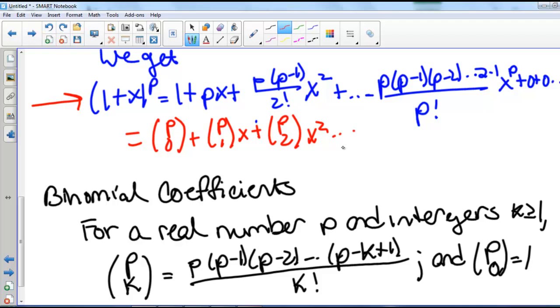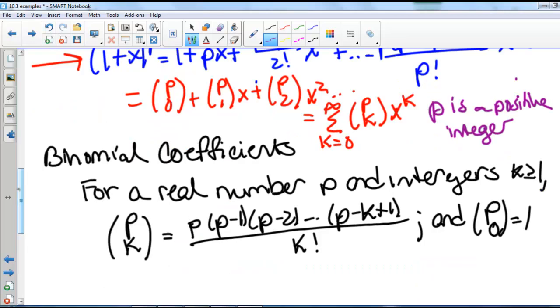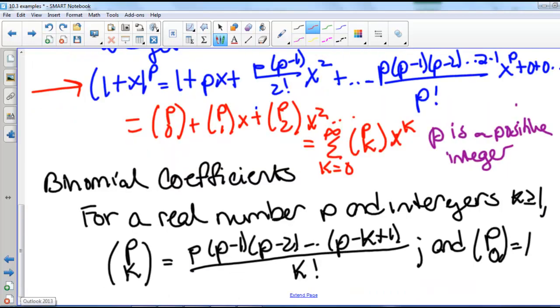And this equals the series from k equals 0 to infinity of p choose k times x to the k. And this is with the condition that p is a positive integer. And this result is important because it's a special type of series called a binomial series.